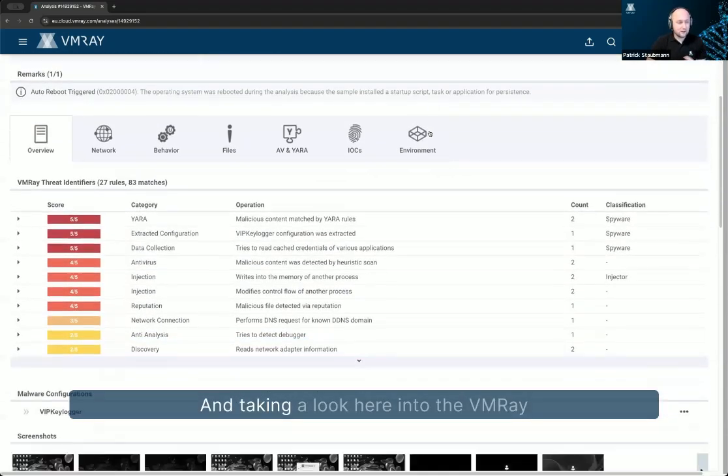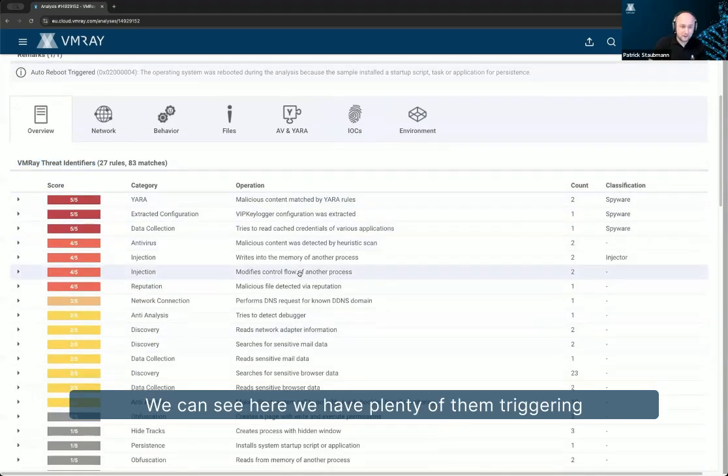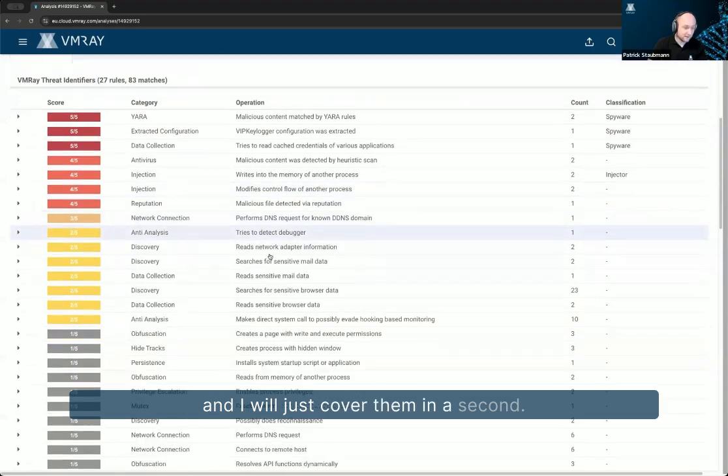Taking a look here at the VMRay threat identifiers that Archie already covered before, it's just information and a score on specific behavior that we can observe during the execution of the specific malware in a safe environment. We can see here we have plenty of them triggering, and I will cover them in a second.